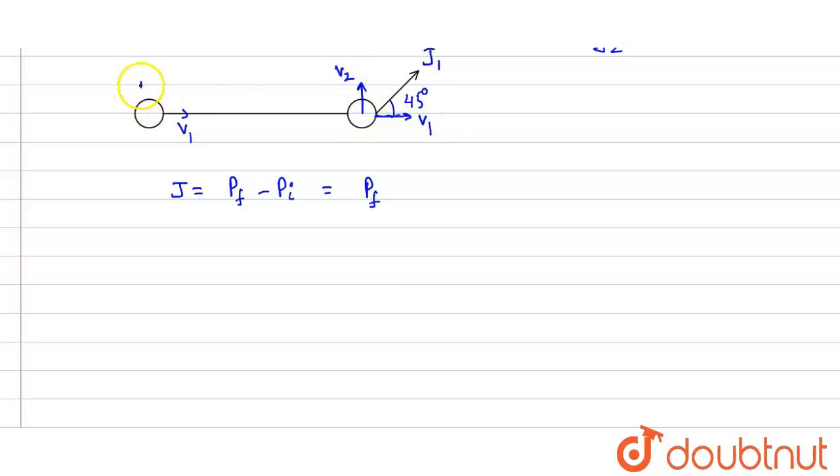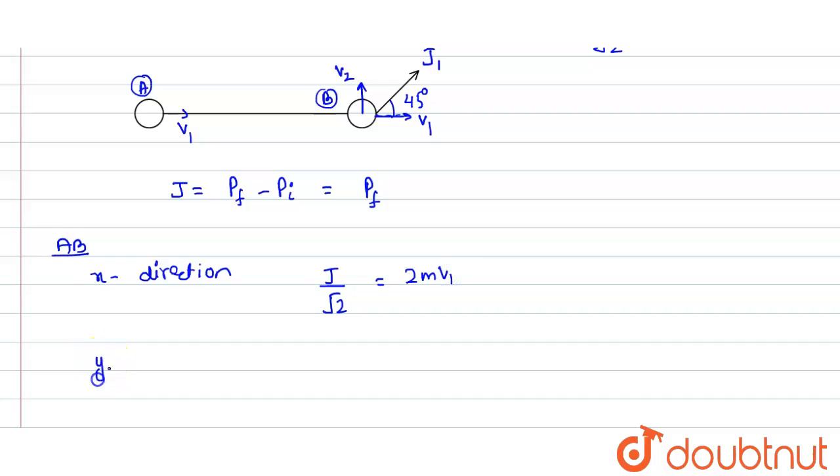This is our A and this is our B. If we apply this for our AB string in the x direction, what would be the momentum? The component of the impulse would be J1 cos 45, that means J divided by root 2, since cos 45 is 1 divided by root 2. This would be equal to the final momentum. A and B are moving with the same velocity and have the same mass, so it would be 2m times V1.